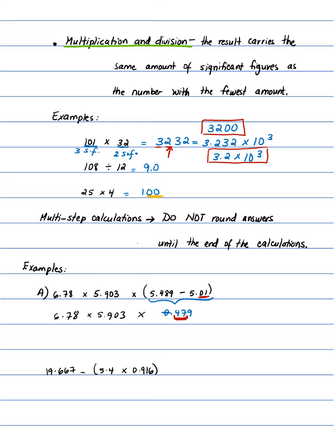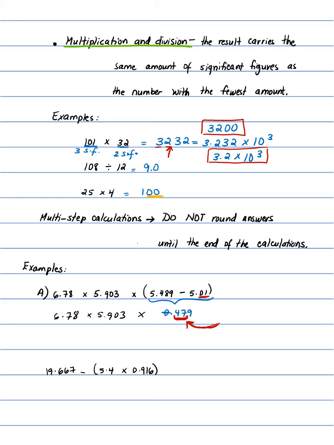So when you're doing your multiplication, 6.78, 3 significant figures, 5.903, 4 significant figures, 0.479, that's 3 digits, but out of the 3, only 2 are significant, which means that the total number of significant figures in your final answer is determined by this one right here.